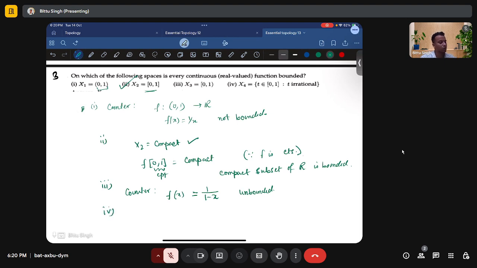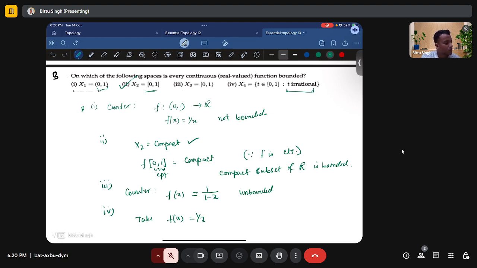For 4, here the set is irrational, so we can consider the same counterexample, 1 and 3 both will work. So take f(x) equal to 1 by x. Note that 0 is not there in the domain because 0 is rational.